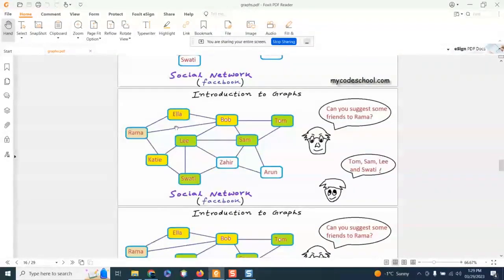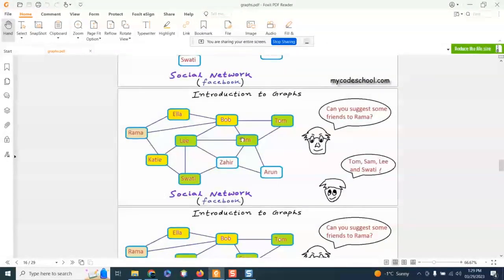So Rama is very likely to be a friend with Lee, but he has not added Lee, as Bob could be a friend of Lee and Katie could also know Lee, but Rama is not connected directly with Lee at the moment. One friend suggestion for Rama could be Lee for sure.